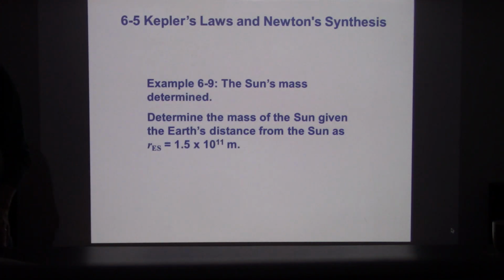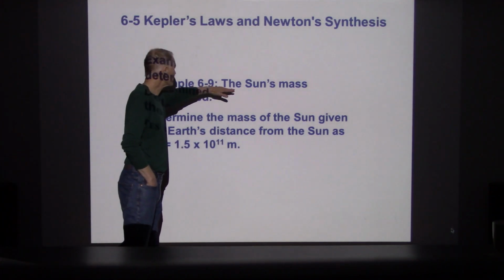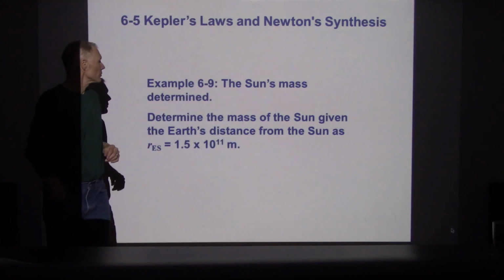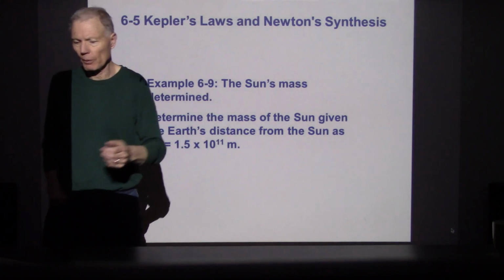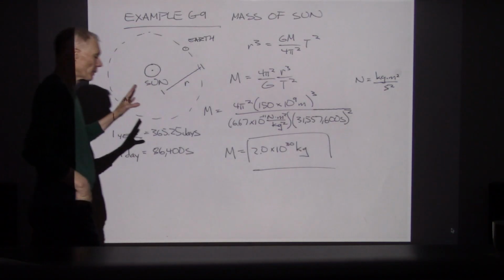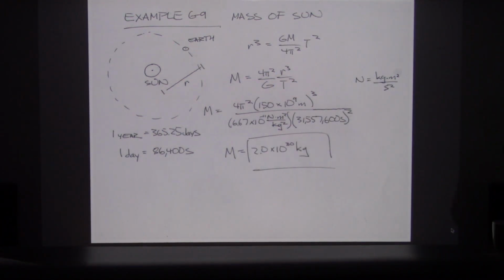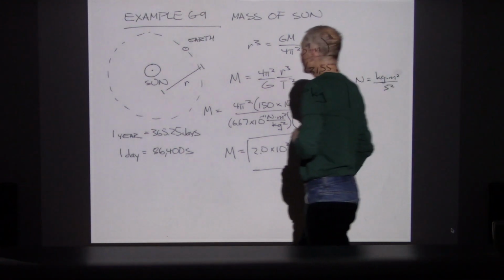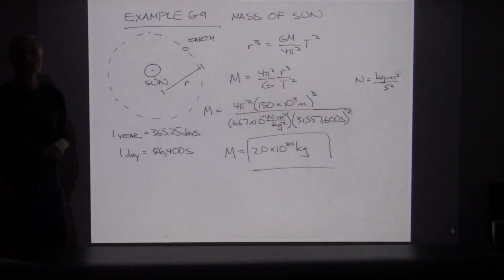Okay, now this is an interesting idea. What we could do then, we could find out how much mass the sun has. Determine the mass of the sun by doing this. Let's see what things we have to know. If we have something in orbit, a relatively lower mass object, in orbit around something with a much higher mass, then we can treat the higher mass object as if it's at rest.